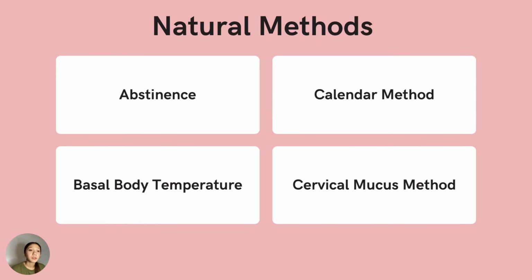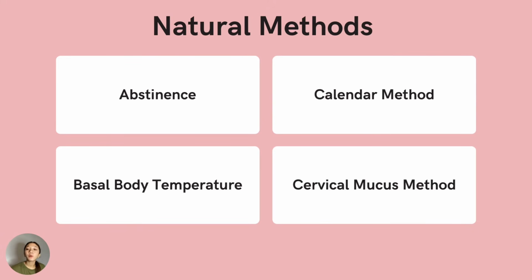The basal body temperature method involves observing a woman's temperature every morning, because a woman's temperature drops about 1 degree Fahrenheit 12 to 24 hours before her ovary releases an egg.